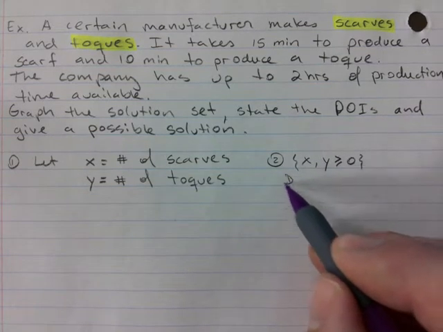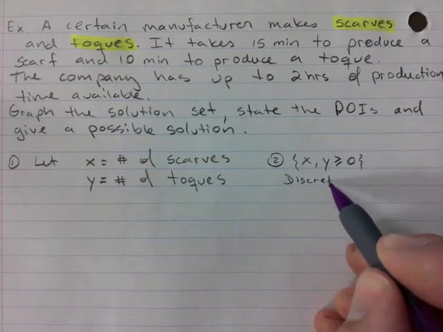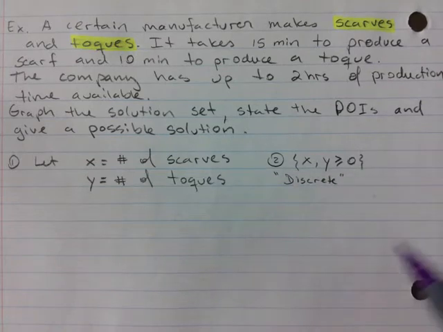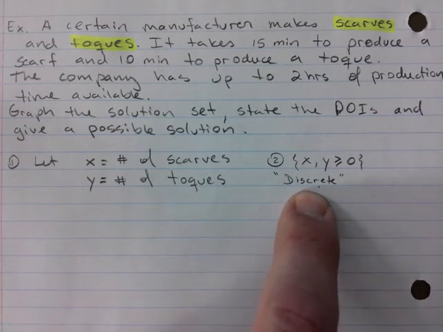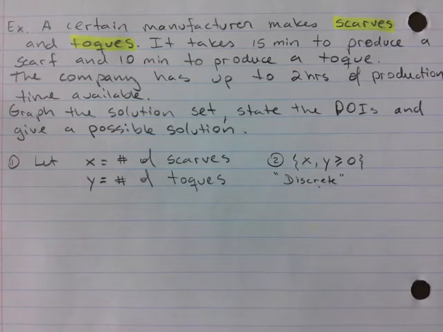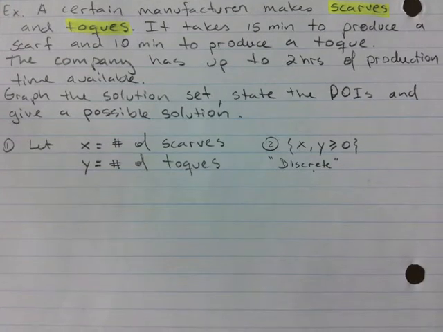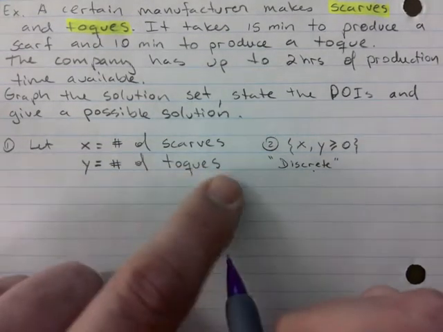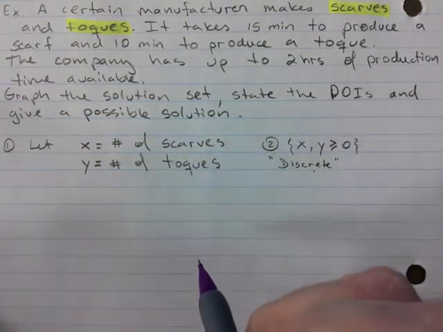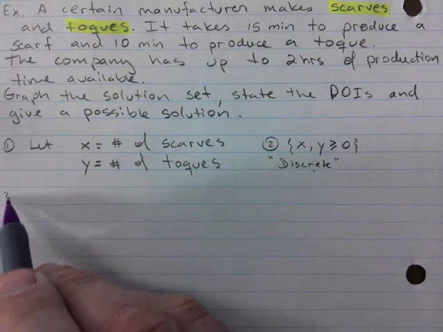So this is just for you to know when that comes into play when you're finding your POIs, your points of intersection. If it's discrete, you're going to need to round them, okay? That's why I write that down, so that later on you know where to look.